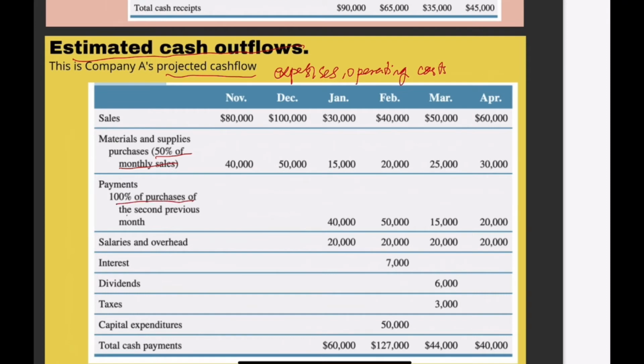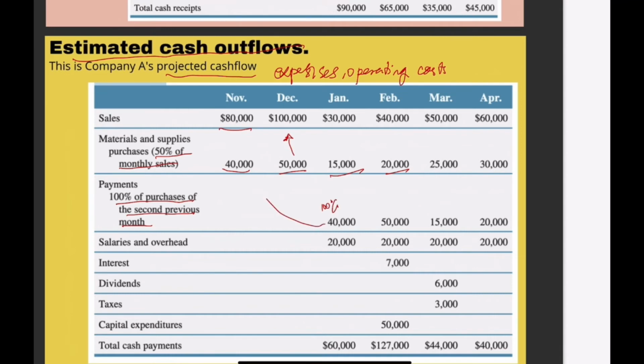And for payments will be 100% of purchases of the second previous month. So meaning after 2 months, it will reflect on that particular month. Let's say for the 40,000, it reflected in November. So it will reflect now in January.